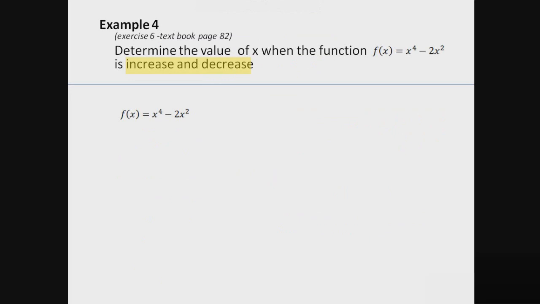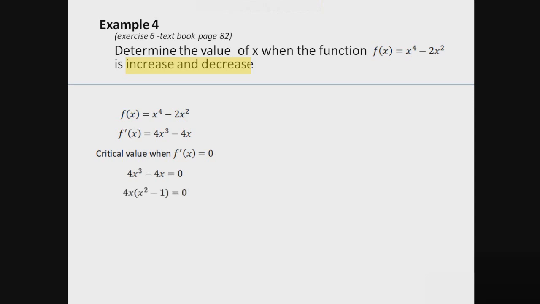Example 4. Determine the values of x where the function f(x) is equal to x to the power of 4 minus 2x squared is increasing and decreasing. Okay, so this example 4 is pretty similar to example 3. The first step is to find the first derivative, and then we need to solve it by satisfying the condition of f prime x is equal to 0. So we will get 4x cubed minus 4x is equal to 0.